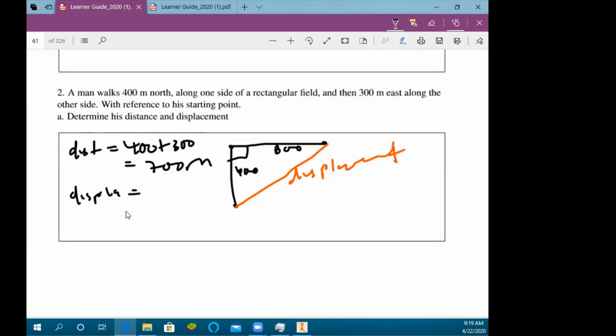So according to Pythagoras theorem, just the square root of 400 squared plus 300 squared, right? Yes. What do I get there? Getting 500. Yes. Okay. So 500 meters. We're done with this question.